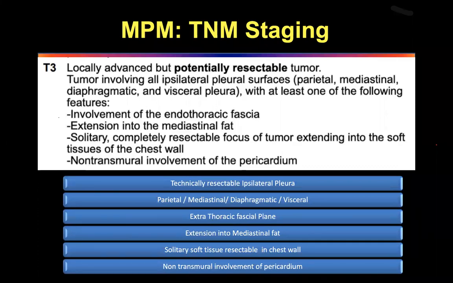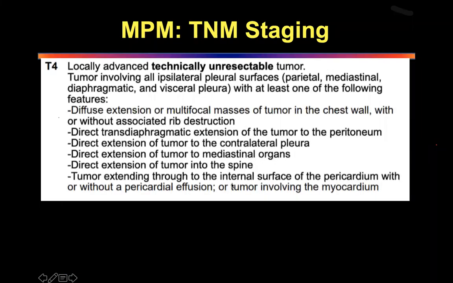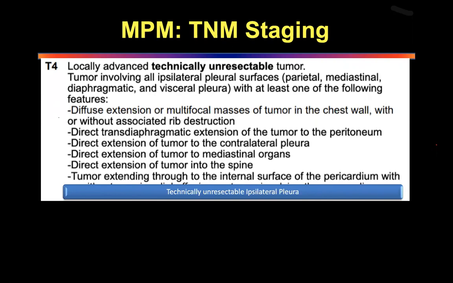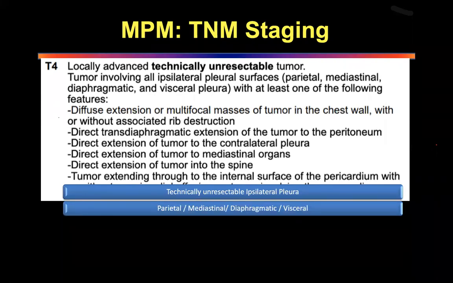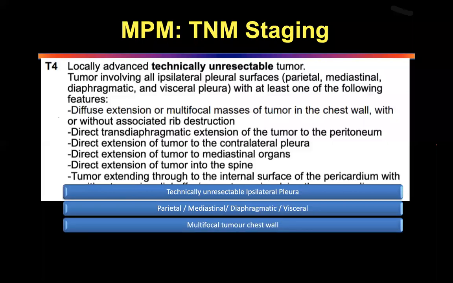Does that make sense? Once you have got this T3, the next step is T4, where there is unresectable ipsilateral pleura, meaning all of this pleura may or may not be involved, but more importantly, there is multifocal chest wall disease. So in T3, it is unifocal chest wall disease.